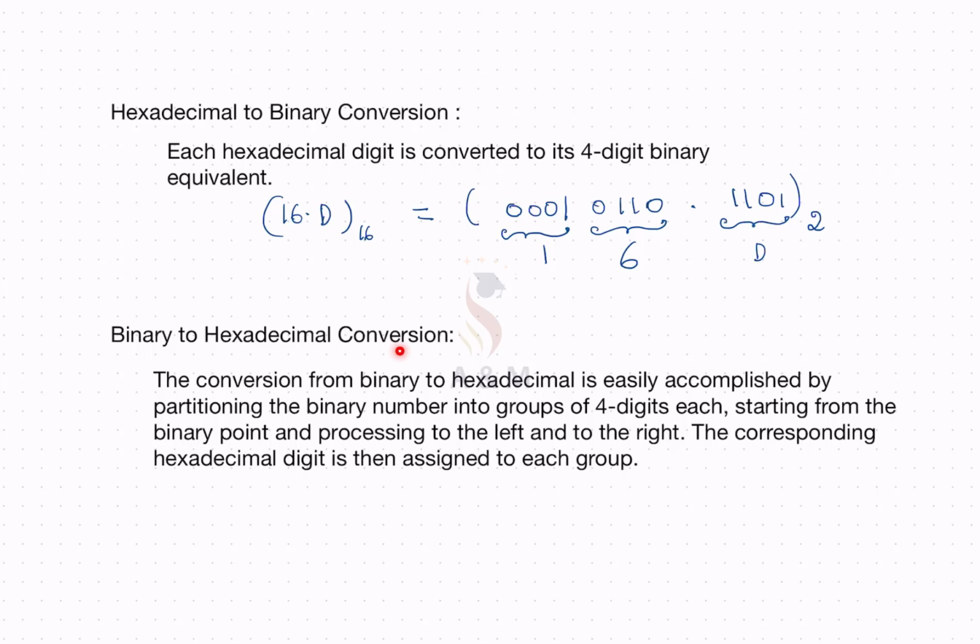Binary to hexadecimal conversion. The conversion from binary to hexadecimal is easily accomplished by partitioning the binary number into groups of 4 digits each, starting from the binary point and proceeding to the left and to the right. The corresponding hexadecimal digit is then assigned to each group.